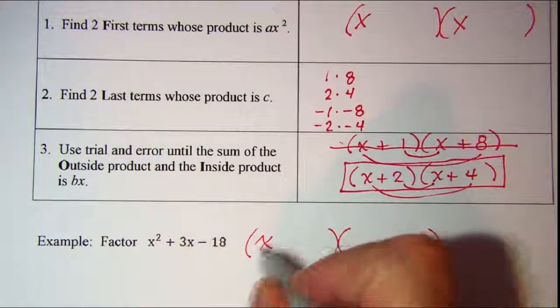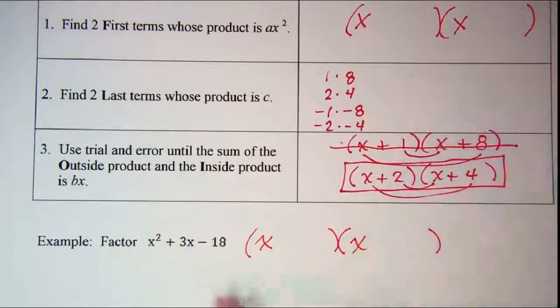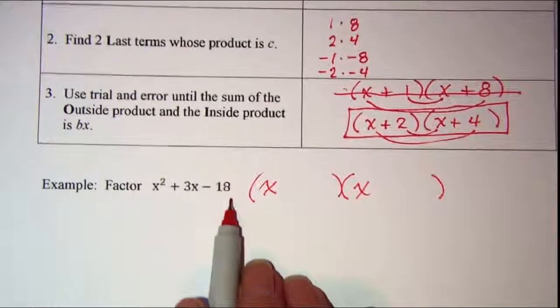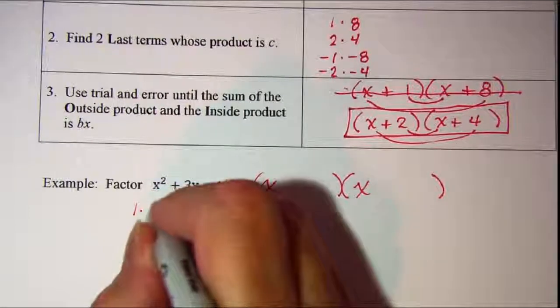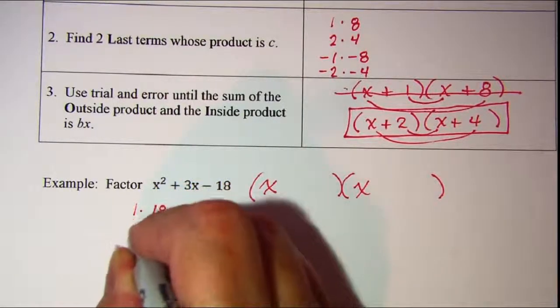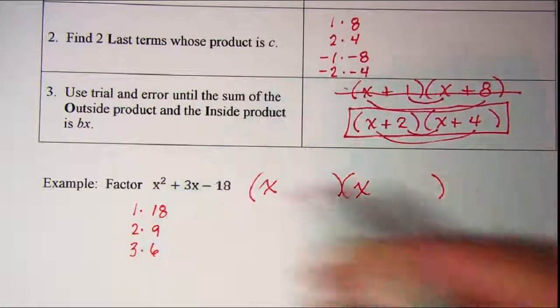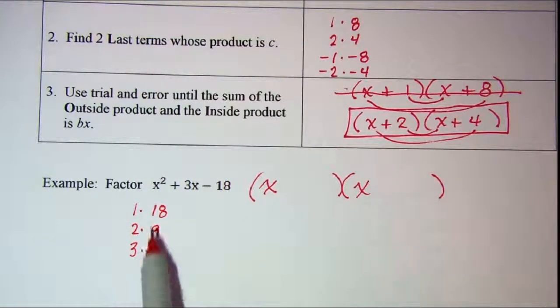So those each have to be x. On my last position, I need two numbers that multiply to give me 18. So 1 times 18, 2 times 9, 3 times 6. And those are the possibilities.